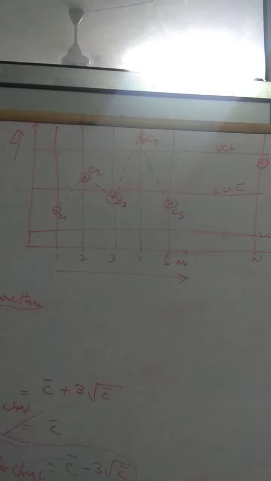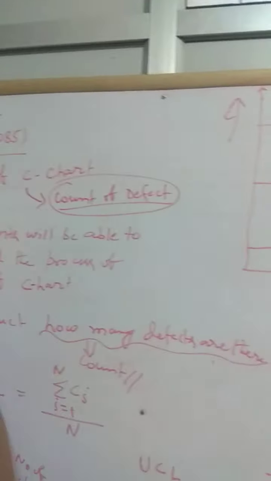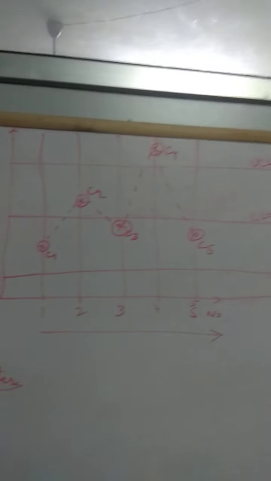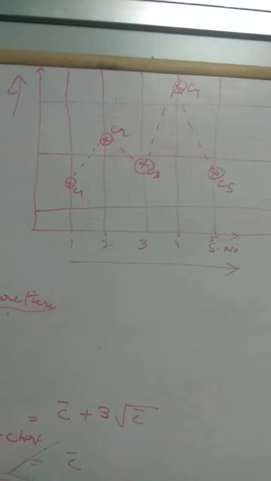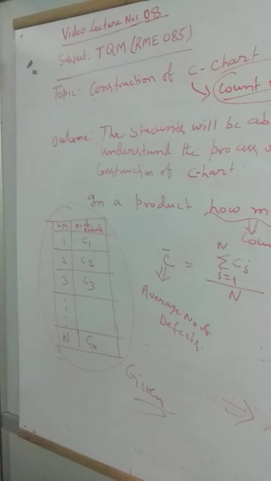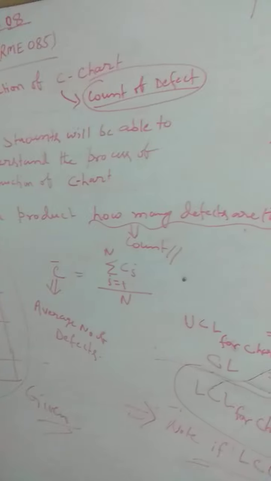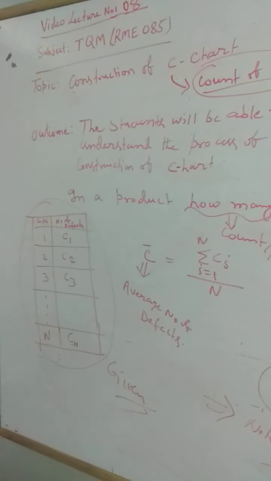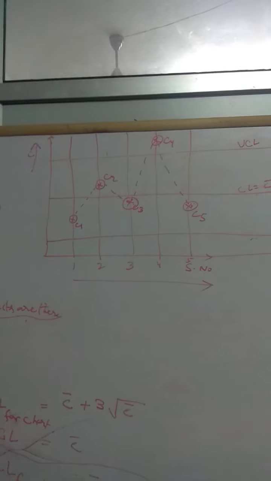C refers to the count of defects. We take one product and count how many defects it has. In this way, this data is prepared. However, you will be given this data directly in the question paper and you need to construct the C chart.